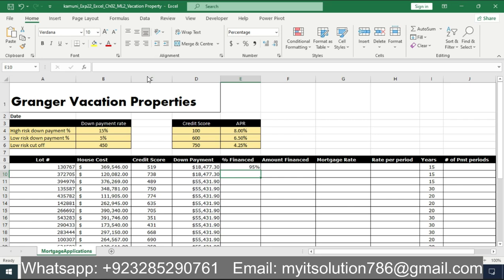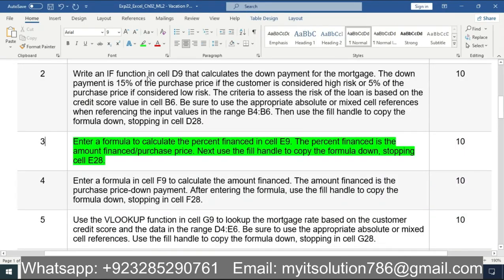Press enter. Here is the percent financed that is required.